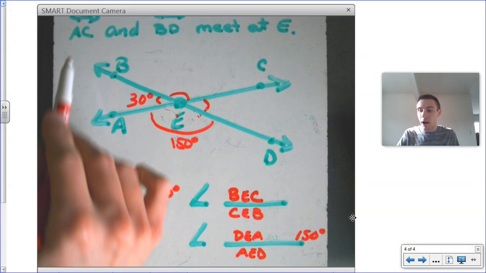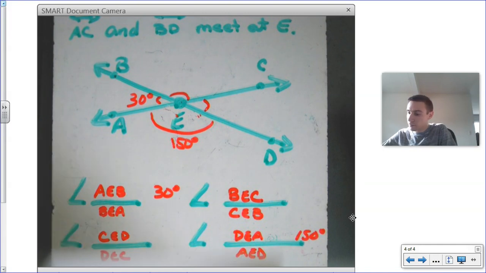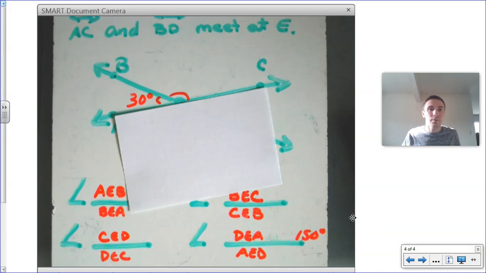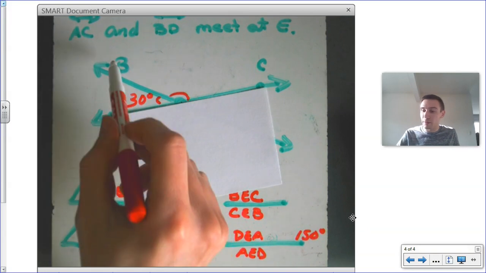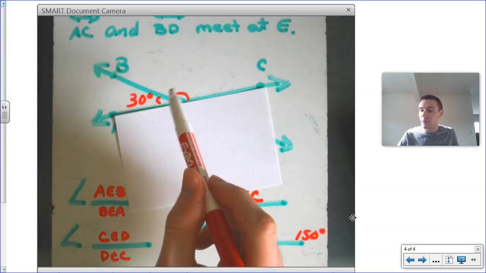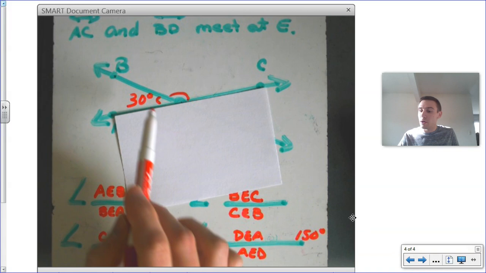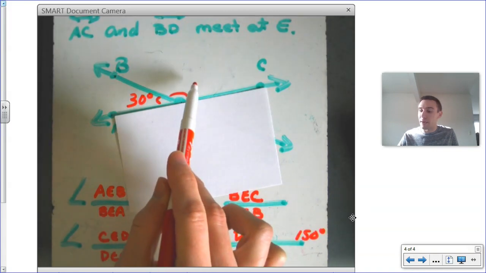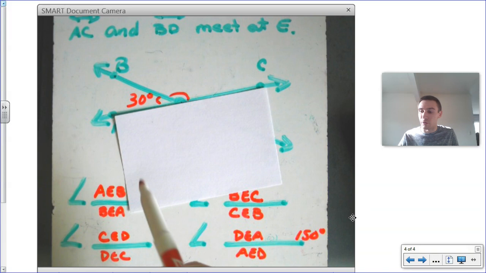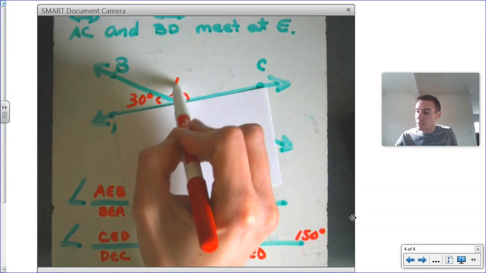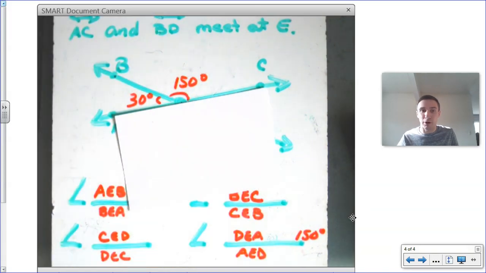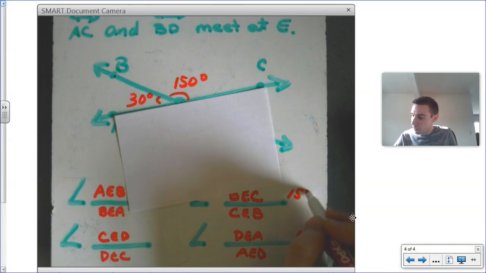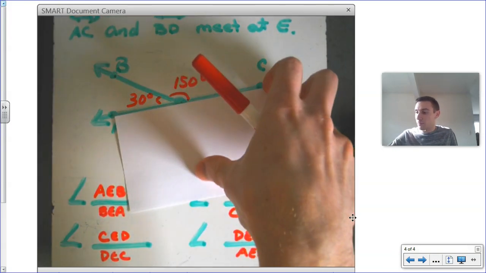And you know what? I know that AC is a line, so I'm going to cover it up this way. So now I'm going to find angle BEC. I'm going to find this missing angle right here. Well, I know if this is 30 degrees, this has to be the remaining part of 180 degrees. And I know that 150 plus 30 gives me 180. So angle BEC is 150 degrees as well.